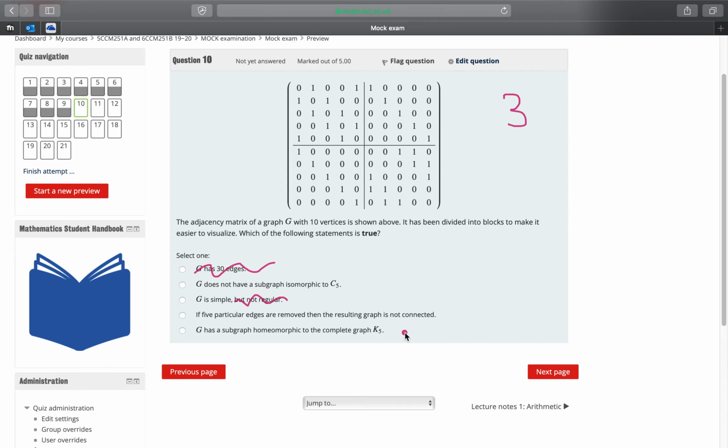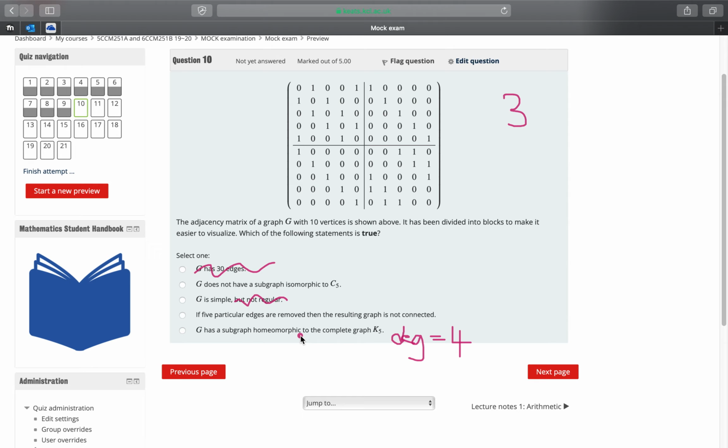So even if there's a subgraph homeomorphic to K5, you couldn't actually reduce those vertex degrees. All the vertex degrees are 3 and not 4. So here we'd be talking about vertex degree 4 for K5. So you couldn't possibly go from 4 to 3, even if the things were homeomorphic.